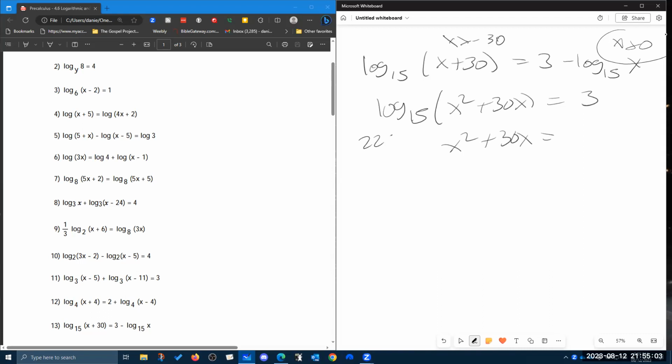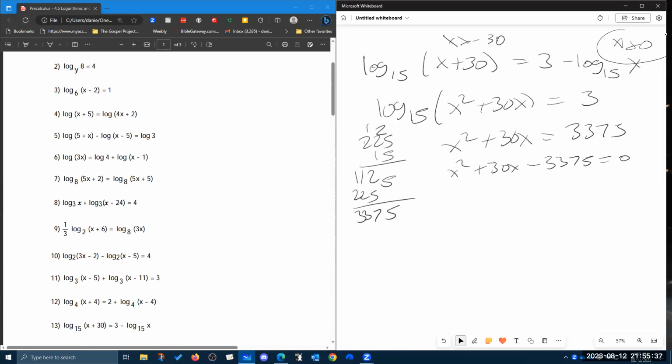So that's 225 times another 15, which is 3375. X squared plus 30x minus 3375 equals 0.